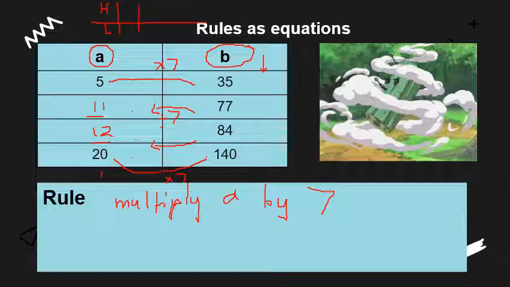So A multiplied by 7 is the same as B. Now I've used an equation. An equation is a type of number sentence where it has an equals sign in it, and both sides of these balance. So here I can see that my A value is 5, so 5 times 7, that will give me 35.